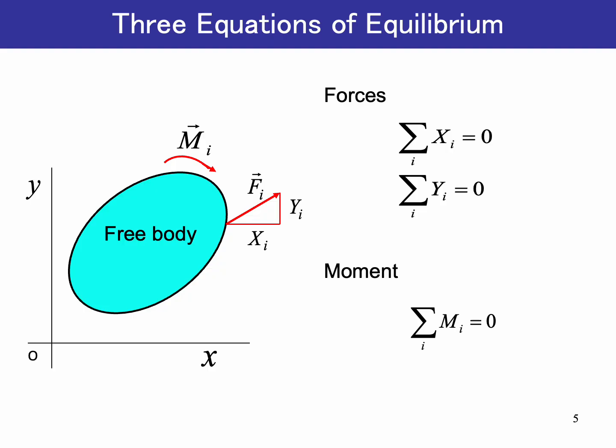Okay, this is the horizontal balance, equilibrium of the force components. Second, the sum of all forces in the vertical direction, y, counting each force component, the summation of Fyi must also be equal to 0.